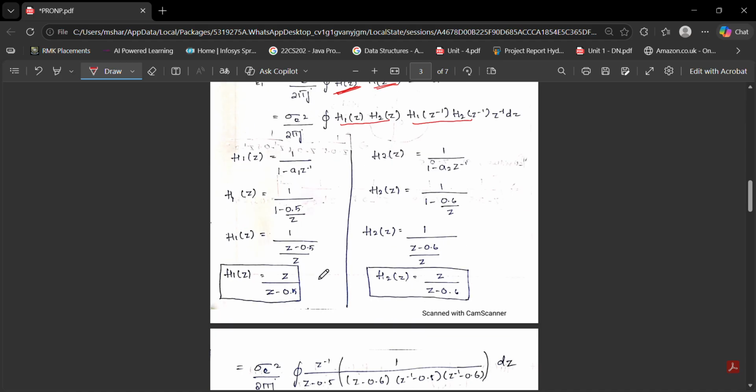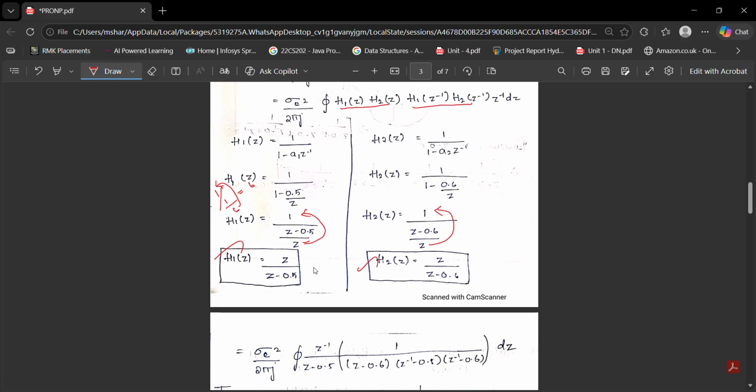After taking LCM, this z will go to the numerator, and H1 of z can be rewritten as z by z minus 0.5. Similarly, after taking LCM, this z will also go to the numerator, and H2 of z will be z by z minus 0.6.